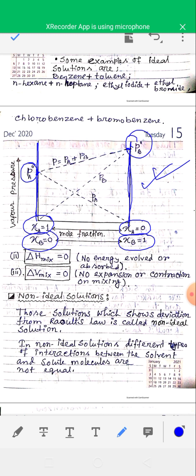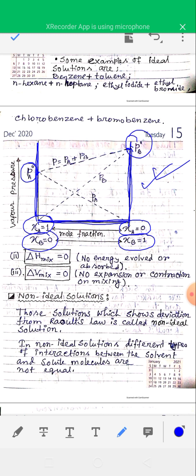In between these two axes, the two lines indicate the solution state.